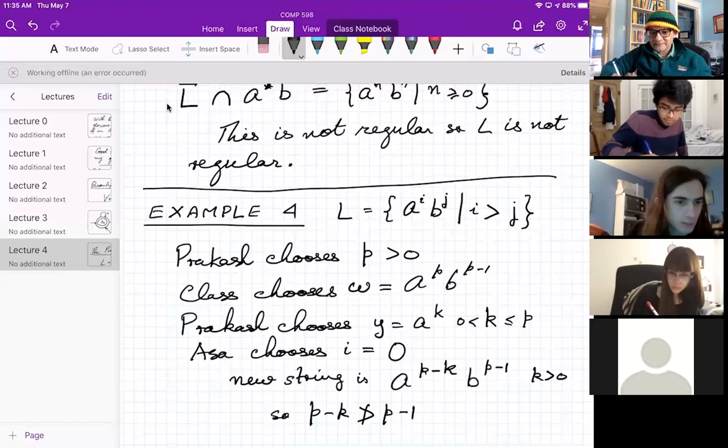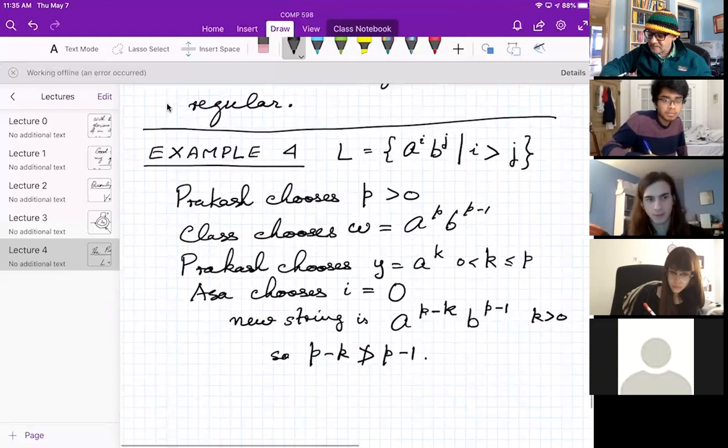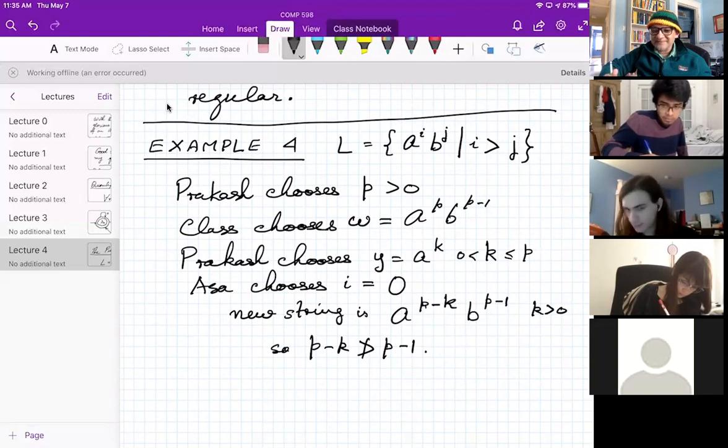In the chat, Marianic just asked what would we have chosen if we had gone with Owen's answer, which was A to the p plus 1, B to the p. Same thing. I mean, that's essentially the same choice.